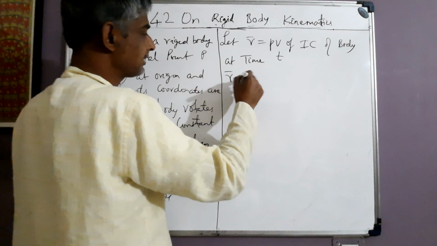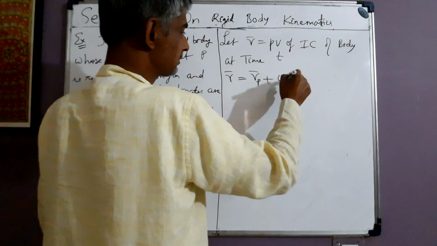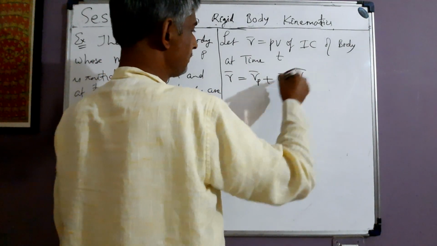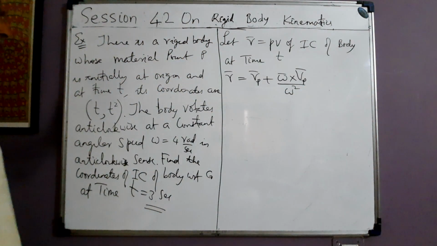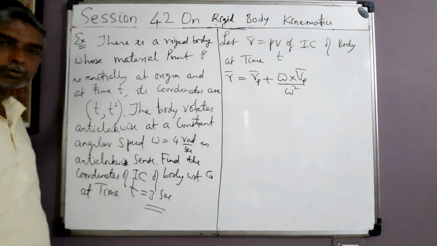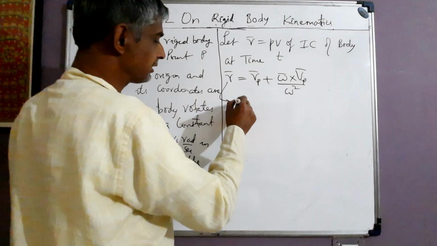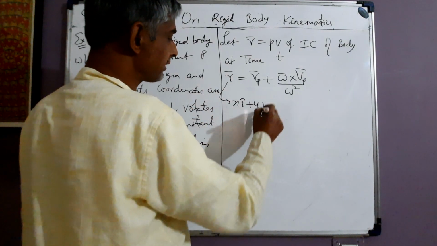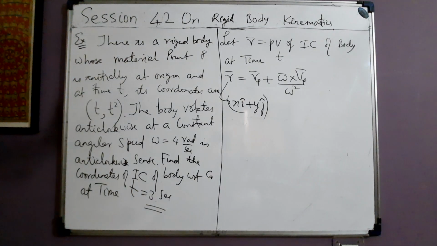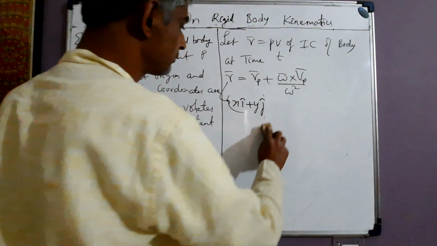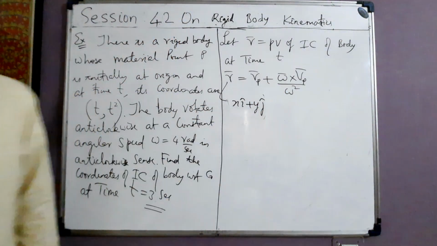Now we know that r is equal to rp plus omega cross vp by omega square. Now r is the position vector of IC of that body with respect to ground at time t. So r can be written as x i hat plus y j hat, where x and y are the x and y coordinates of IC of the body with respect to ground at time t.